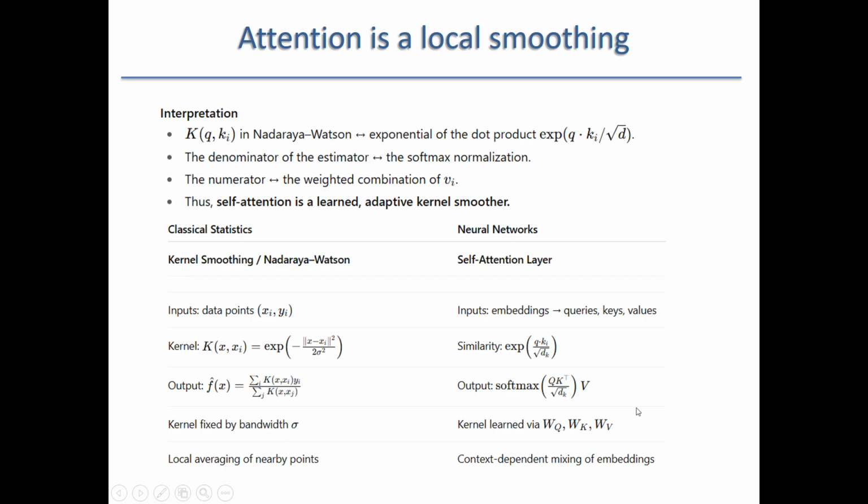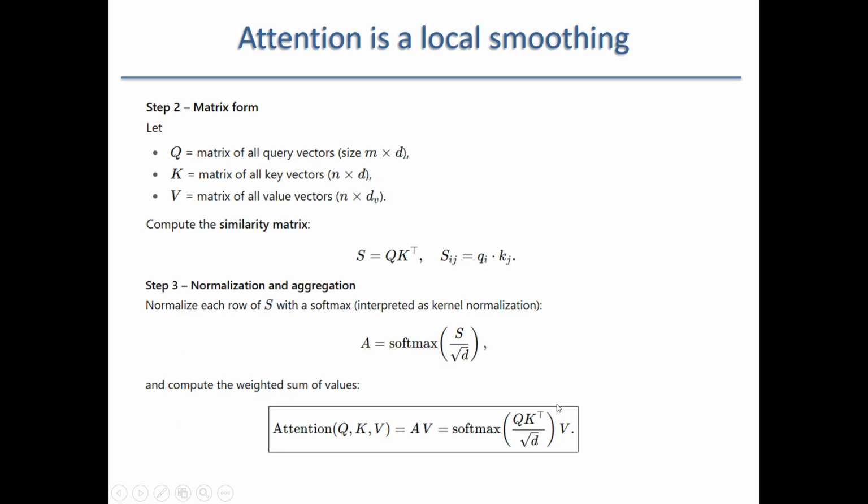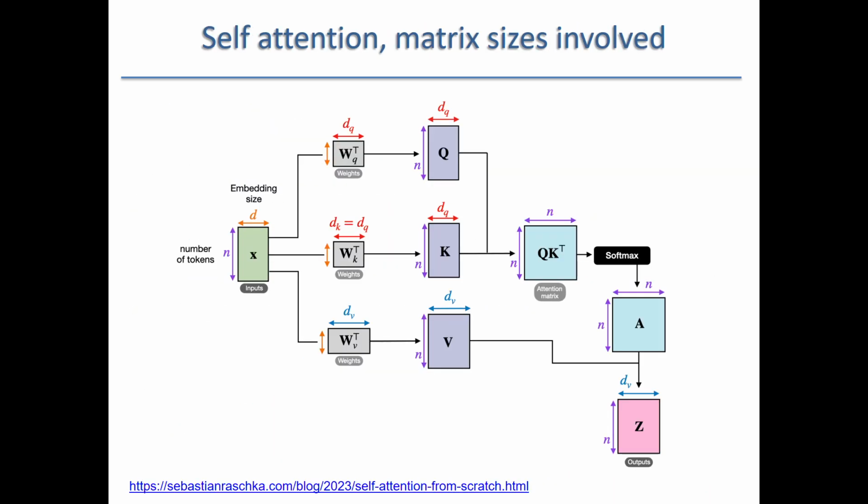Now we can learn the kernel through learning these three matrices. And there was a local averaging of the nearby points, but now the prediction is not local anymore, because in this attention matrix, all vectors are compared to all vectors. So that means that we can take any word in the sentence to predict my third word if I want to.